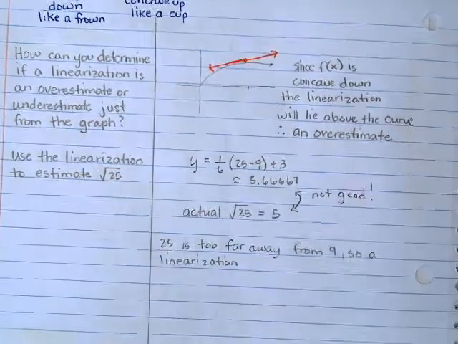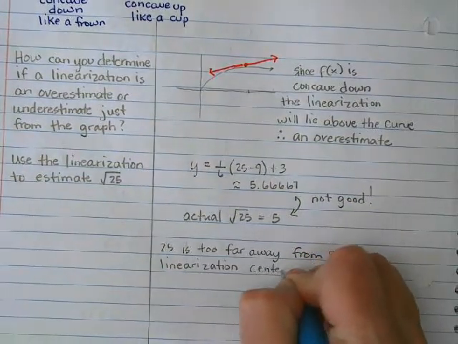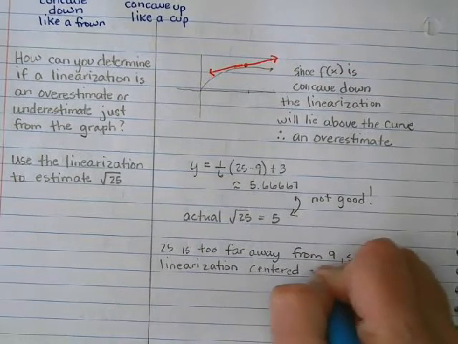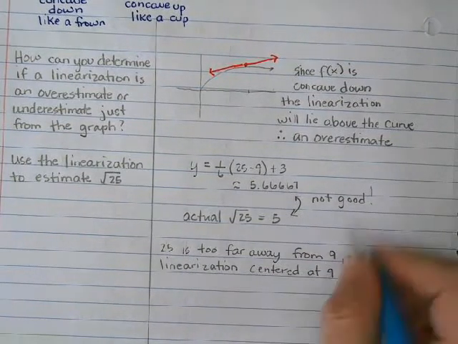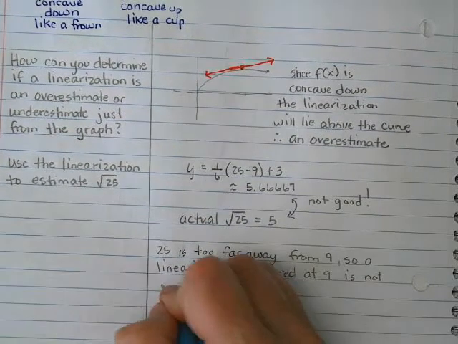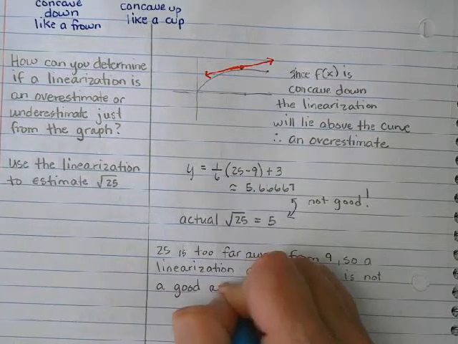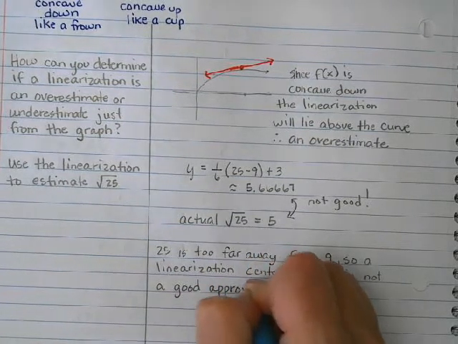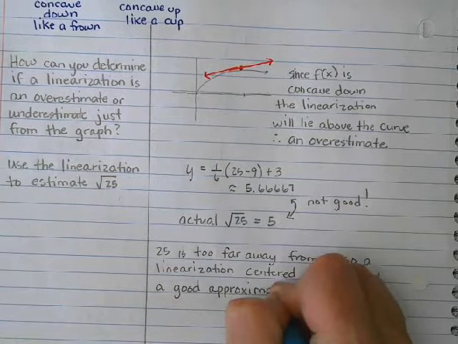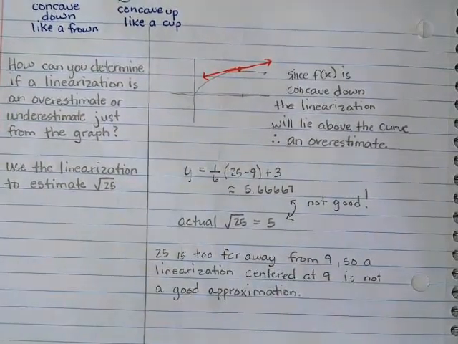That's the point that we used. 25 is not a good approximation. We saw that if we did like 9.1, that worked out really nice. 25, not so much.